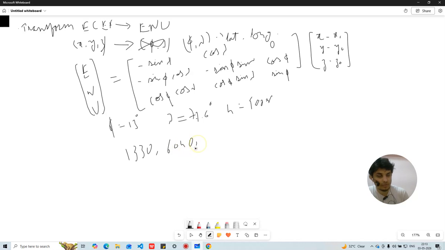All of these are in kilometers, by the way. With this as the reference, we need another nearby point, so this is x1, y1, z1, and 1331, 6039, 1429.